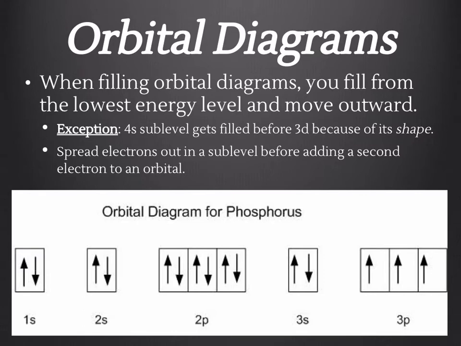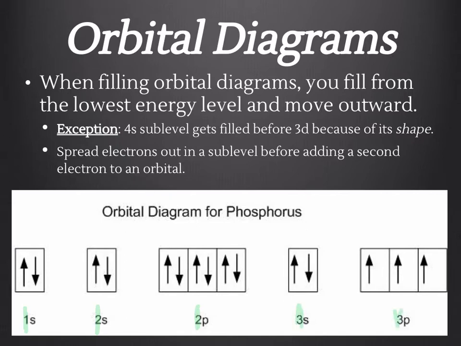But the first thing before we get there is how we can show where the electrons are. And one way to show where the electrons are is using something called an orbital diagram. When we are creating an orbital diagram, we're doing these box things down here, where each box represents an orbital. Each coefficient here, if you look at the numbers down here, represents your energy level.